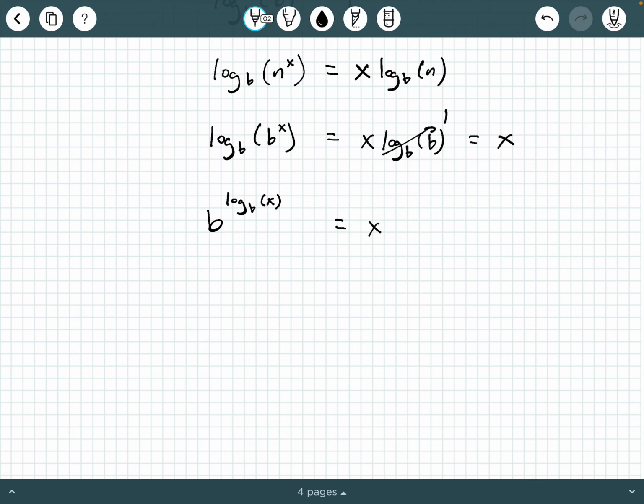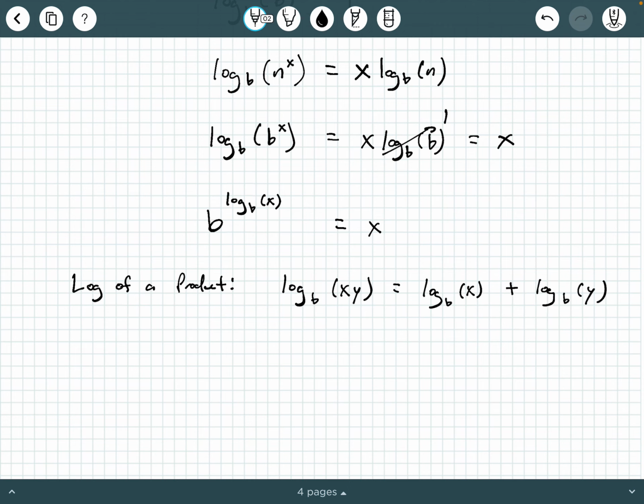All right. We also have the log of a product. This would be like log base b of x times y. This is going to be log base b of x plus log base b of y.